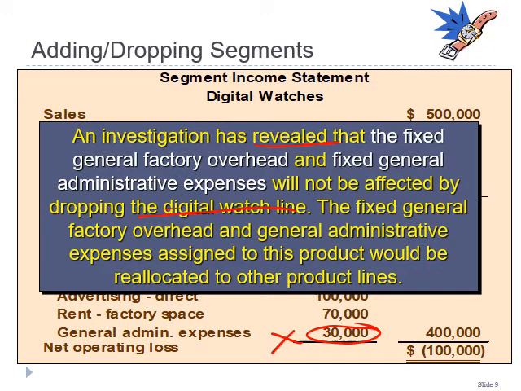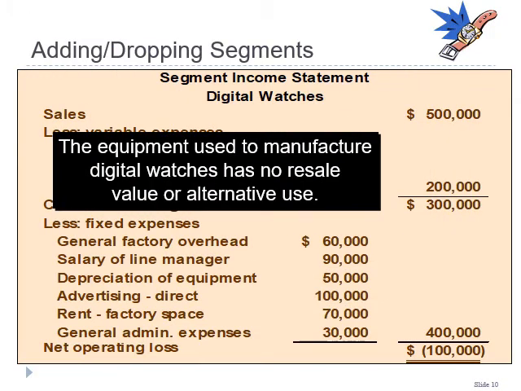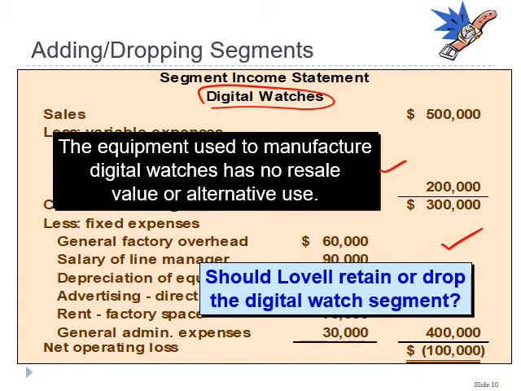And the fixed general factory overhead and general and administrative expenses assigned to this product would be reallocated to other product lines, so it means they will remain the same. If we drop the watch segment, they will spread to the other products as well. The next one: the equipment used to manufacture digital watches has no resale value. It means there is going to be no benefit from selling the plant that makes digital watches. Zero.